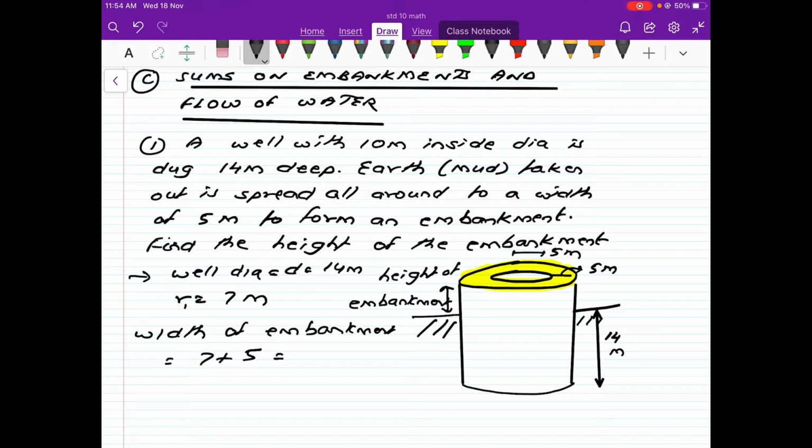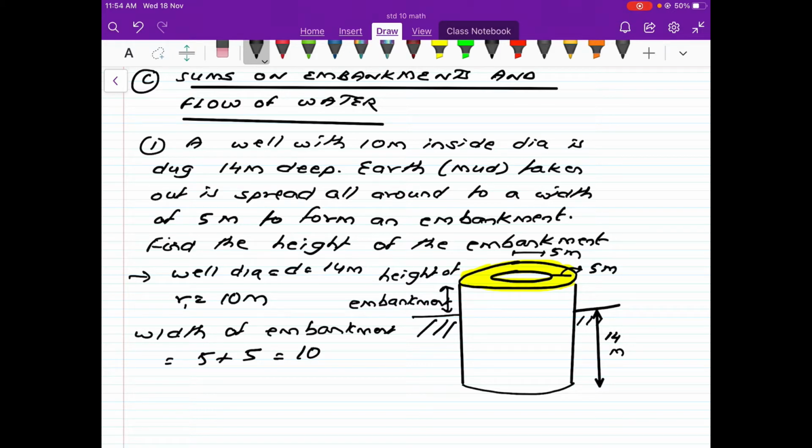So the total radius of the outside will not be 7. Sorry, the diameter is 10 meters. Yeah, so this is 5 plus 5, 10. So the total width is 10.